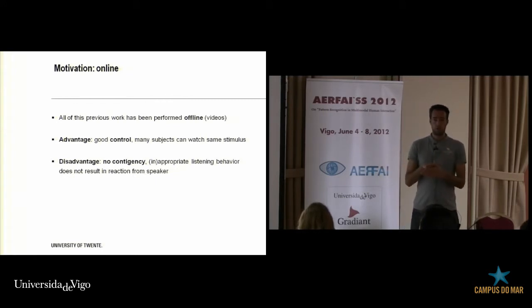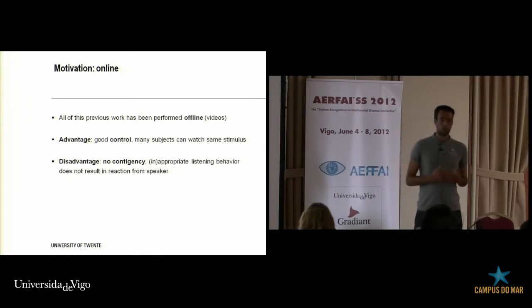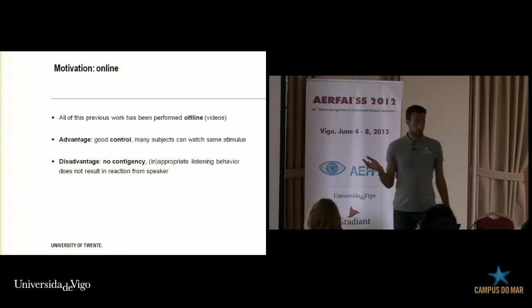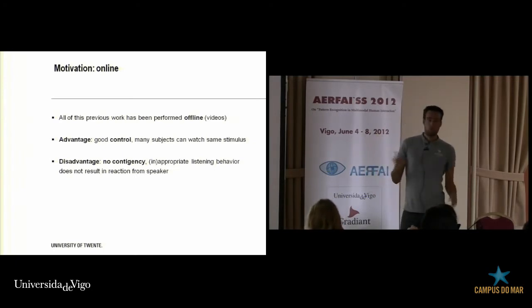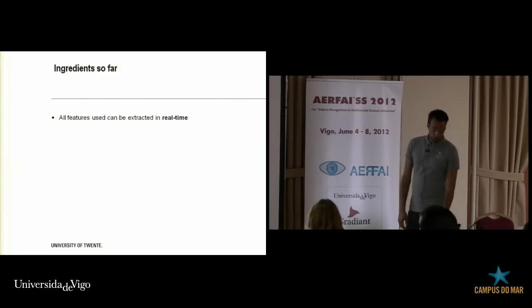If the listener does not give a nod at an important moment, you would expect the speaker to stop talking. Also, if the listener is saying something odd, you would expect the speaker to frown and stop talking or ask whether the other is all right. We don't have that here because we don't control the speaker but only the listener. In an online setting, we can. So the solution is to do online experiments. And that's exactly what we're going to do right now.